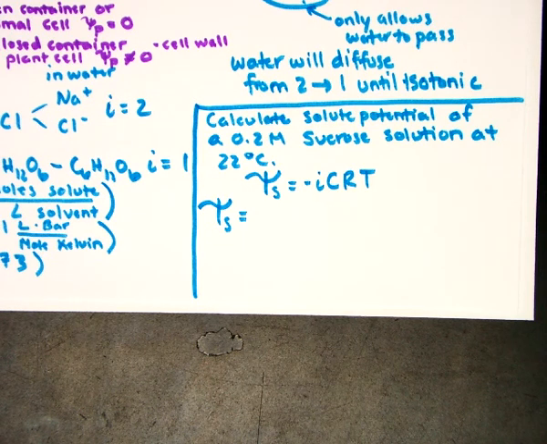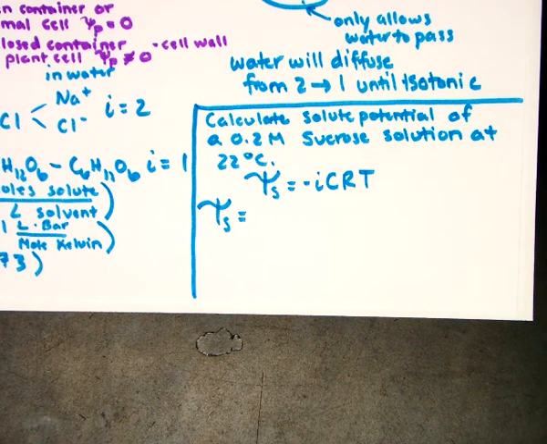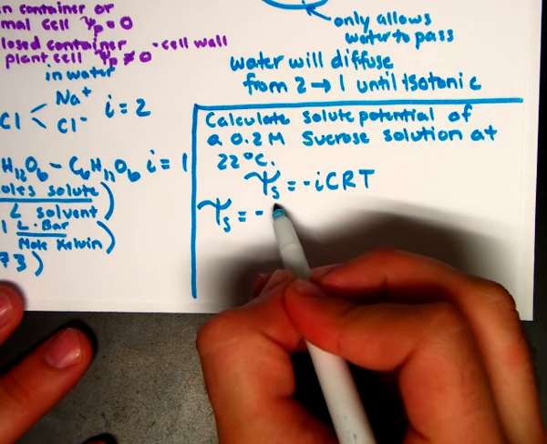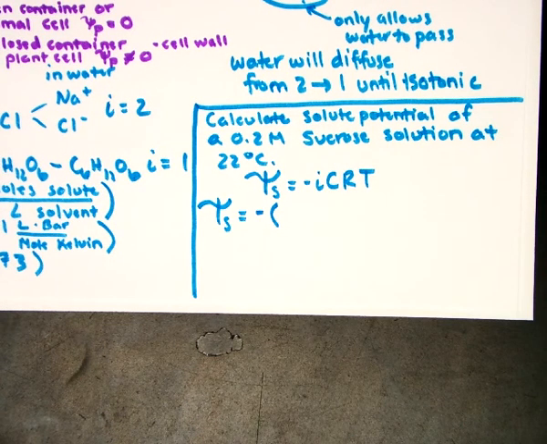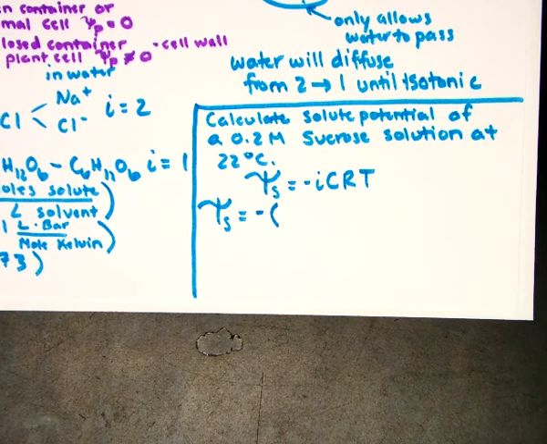Okay, all right, let's bring it back together. 3, 2, 1, 0. All right. So we're looking at a sucrose solution. Sucrose is a sugar.